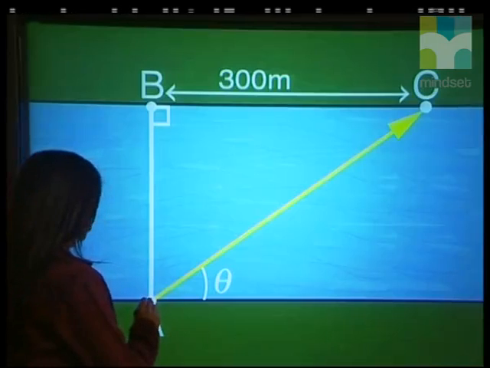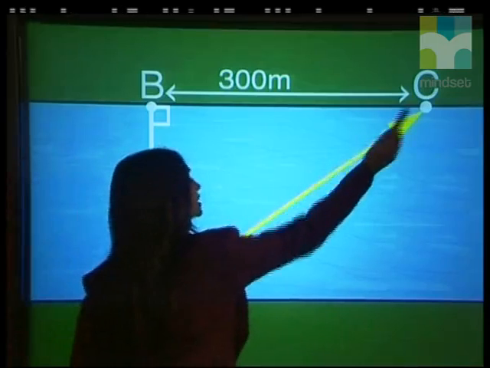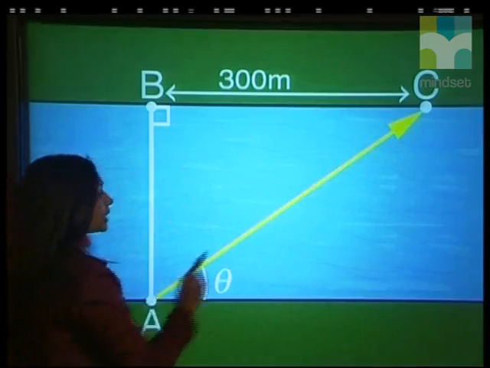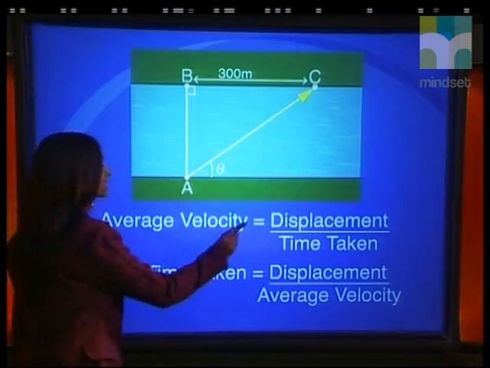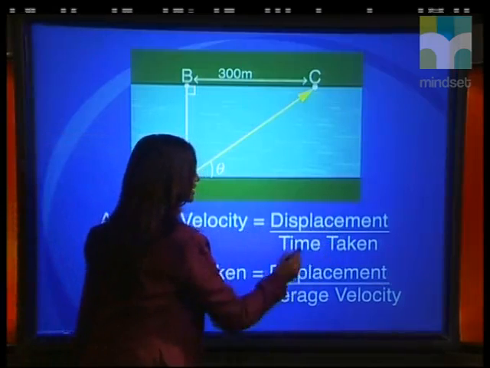They started at point A and arrived at point C, so their displacement is from A to C. We can work out how late they were by using the relationship between the average velocity, the displacement, and the time. The average velocity is equal to displacement divided by the time taken.